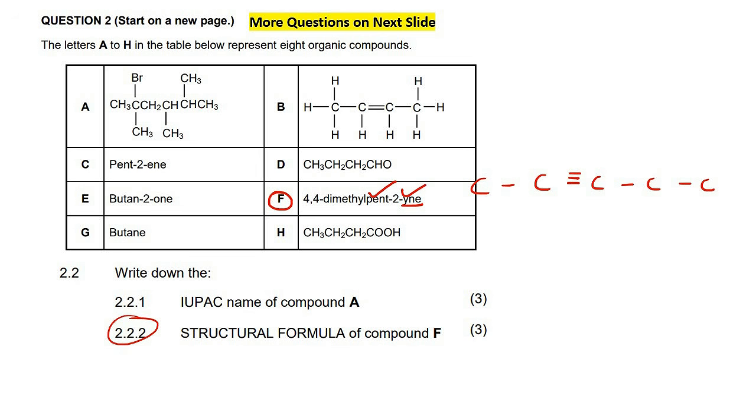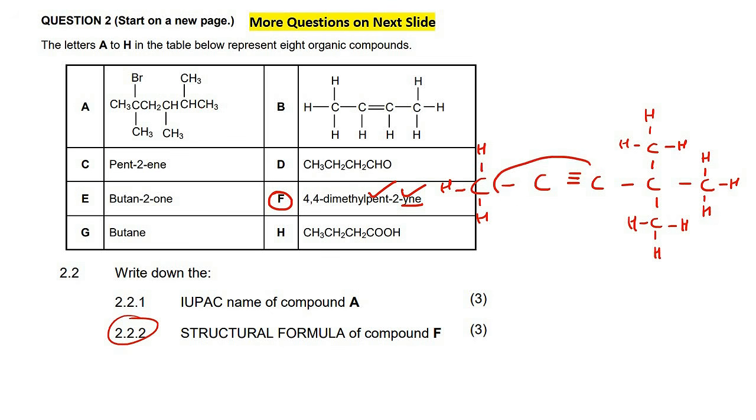Okay, that's done. Then on carbon number 4, so if that's number 2, then this is number 4, there is going to be a dimethyl. That means there's going to be 2 methyls. So there's going to be a methyl going up and a methyl going down like that. Okay, and now we are just going to go fill in hydrogen everywhere else, making sure that each carbon is always surrounded by no more than 4 bonds.